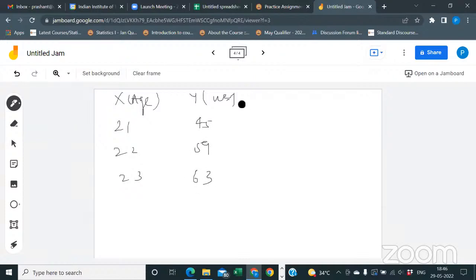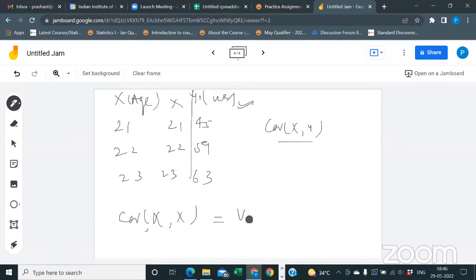For finding the association between these two, you have to find the covariance. When finding the covariance between x and x, again instead of y I use x again, then this is the same as the variance of x.